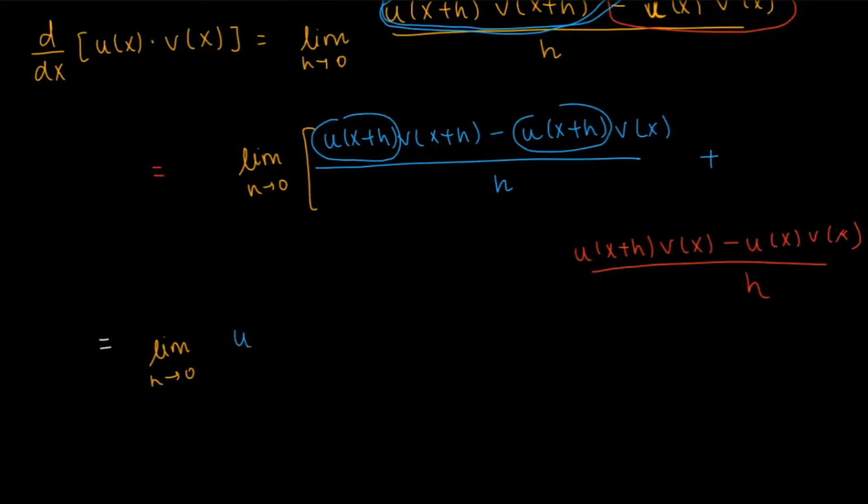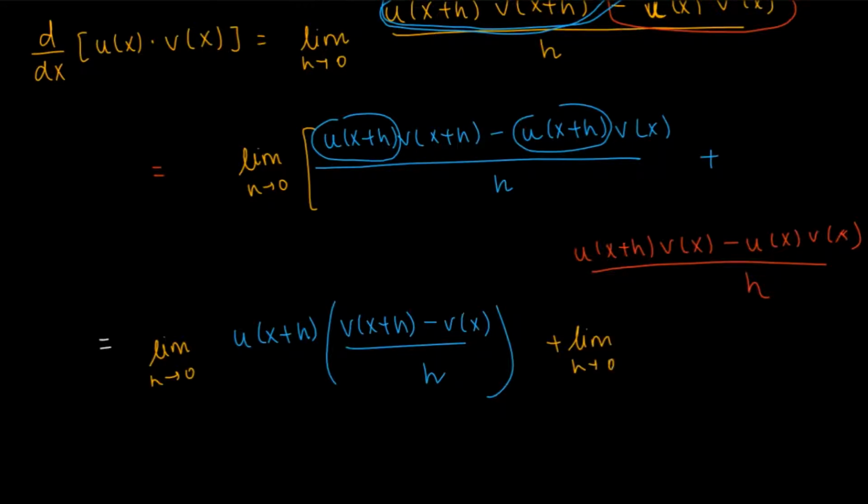So the limit as h goes to 0 of u of x plus h times whatever remains, which is v of x plus h minus v of x divided by h. And similarly, for the second part, you can write it as the limit as h goes to 0, and let's take v of x common out. So this gives you v of x times u of x plus h minus u of x divided by h.